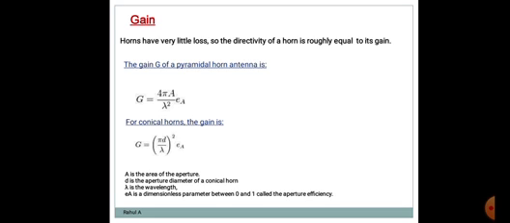And for the conical horn, the gain is given as G = (πD/λ)² × εA, where A is the area of the aperture, D is the aperture diameter, λ is the wavelength, and εA is a dimensionless parameter that usually lies between 0 and 1, and it is called the aperture efficiency.